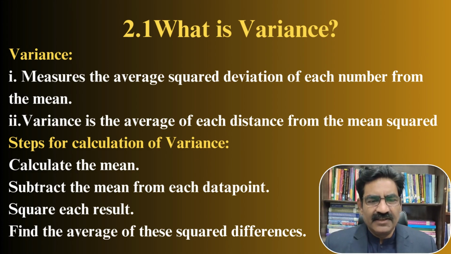In this way, we get the sum of all squared deviations. If we calculate its average, then we get the variance, or in other words, variance is the average squared deviation of each number from mean.